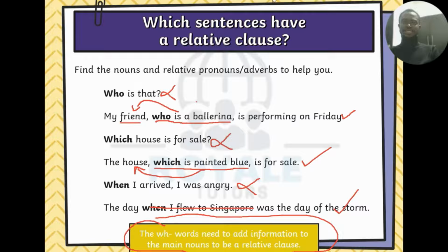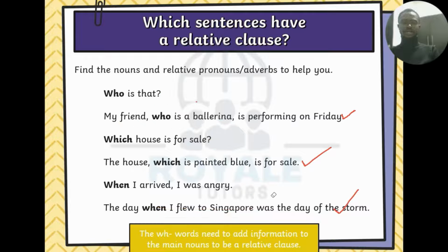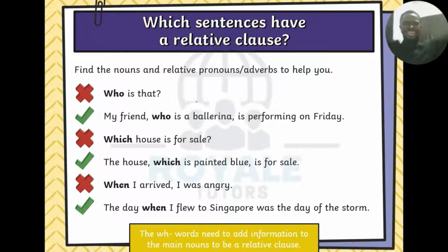So let's see if we got this correctly. Okay, are you ready? Now let me review the answer. Yeah. We got everything. I'm so glad. So now you can see that the rules do work.